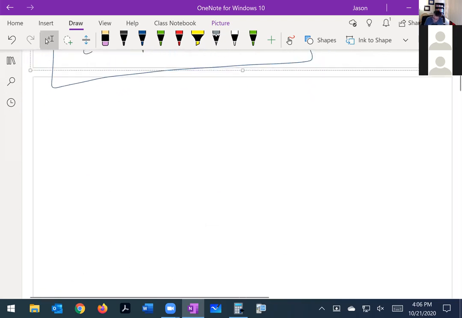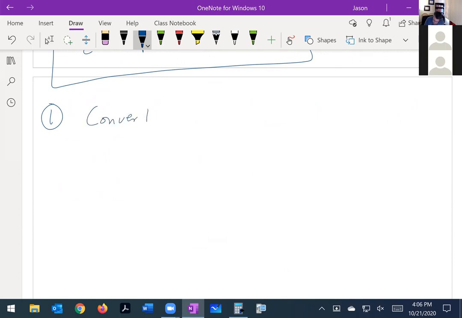So number one, I want to convert 2, pi over 4, and pi over 3 to rectangular coordinates.